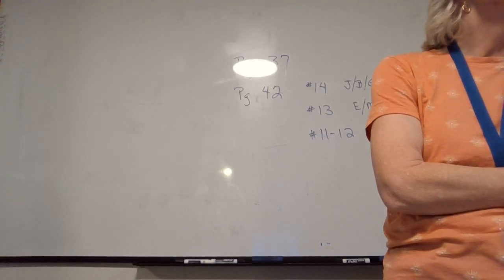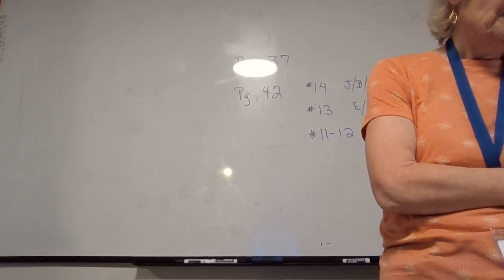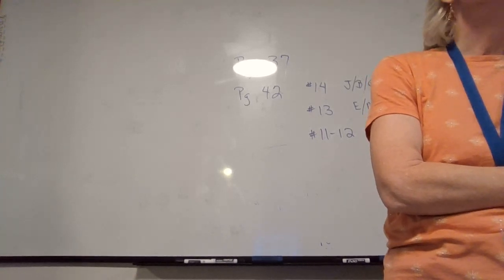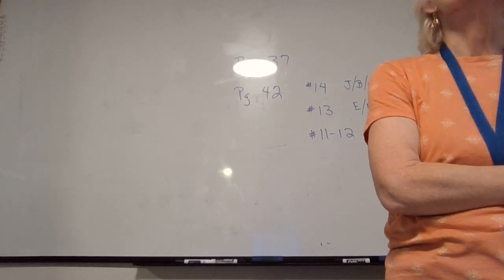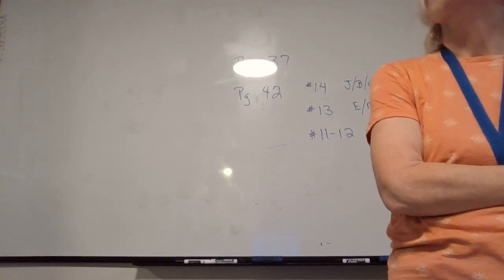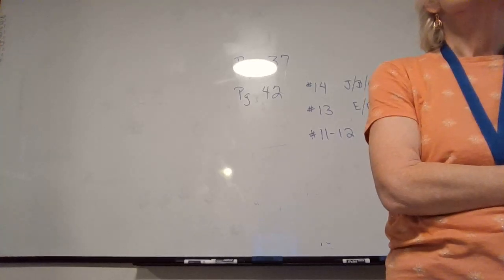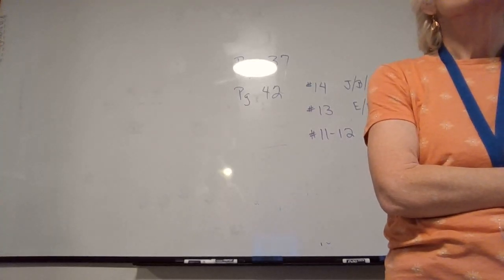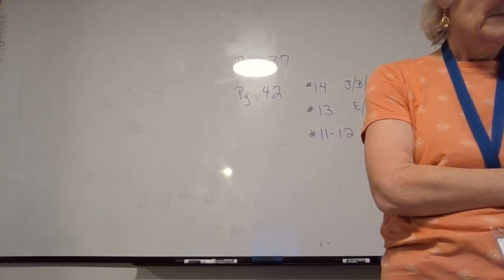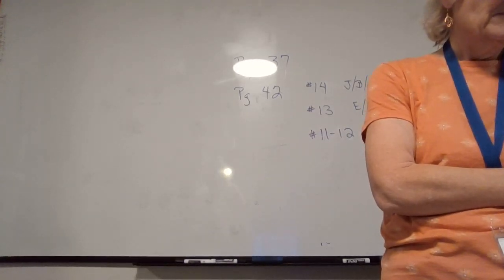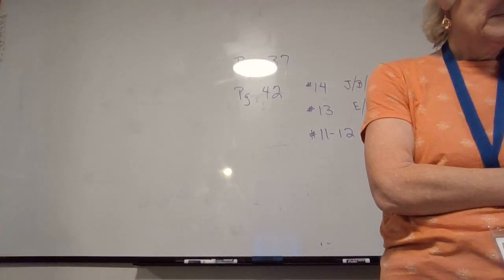It's 9 equals 27. Number 9. Okay. I think he's doing the last question. He's doing 14. So you guys do 13. Minus 3.